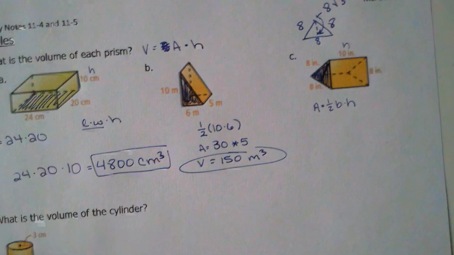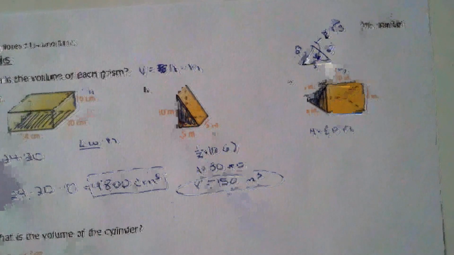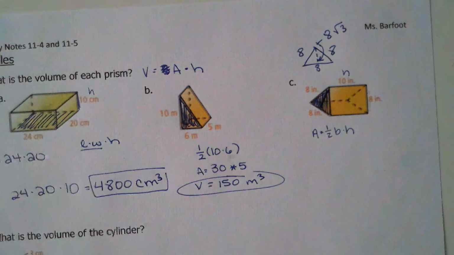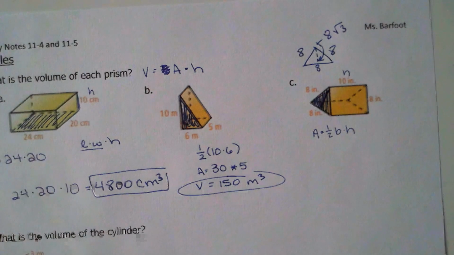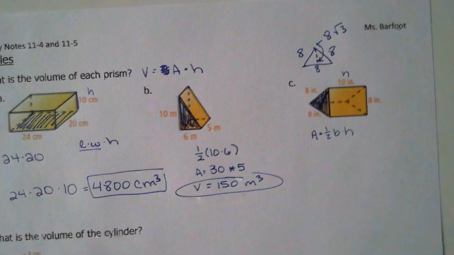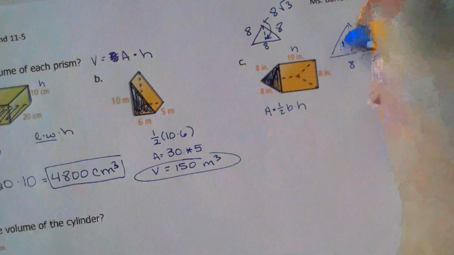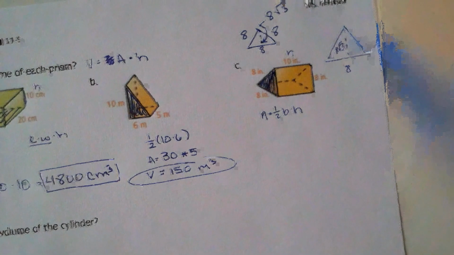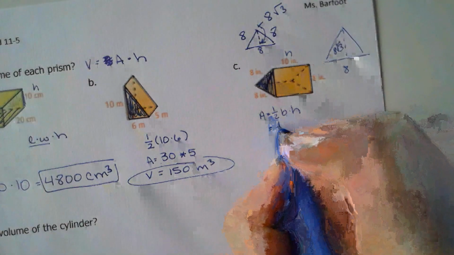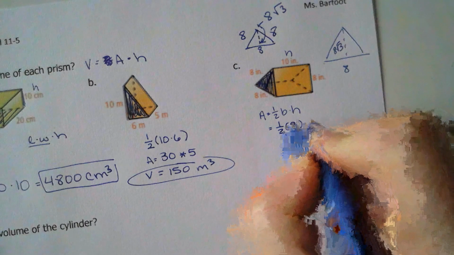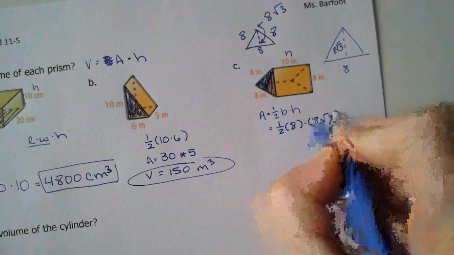That was section 8.2 with our special right triangles. We had our isosceles, and then we had our equilateral and cut in half. So if I have this triangle where the base is 8 and the height is 8 root 3, I can find my area, which would be 1/2 times 8 times 8 root 3.